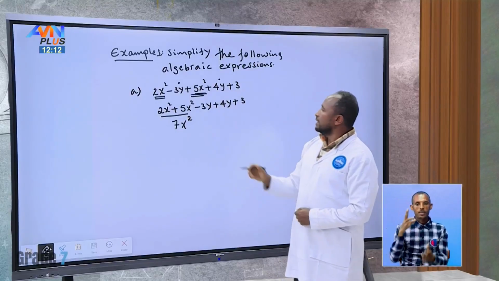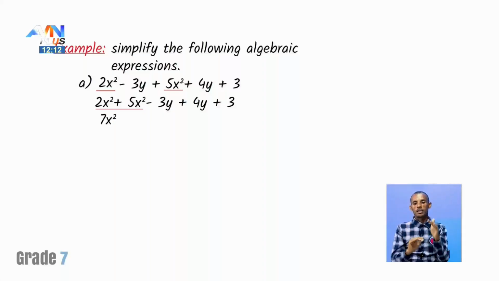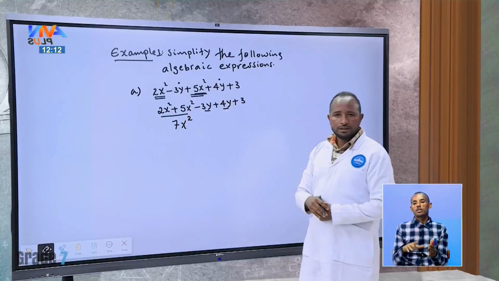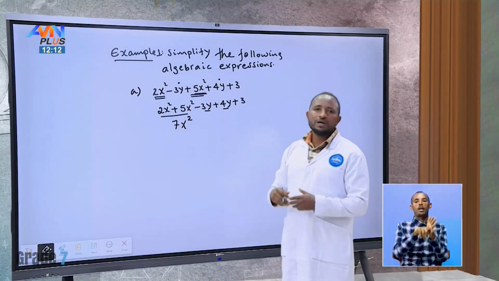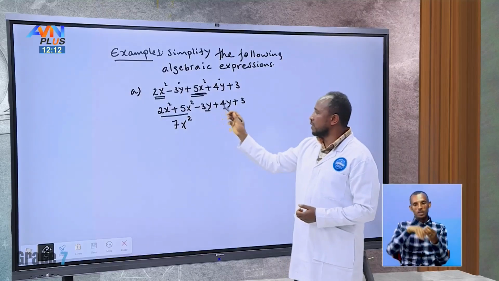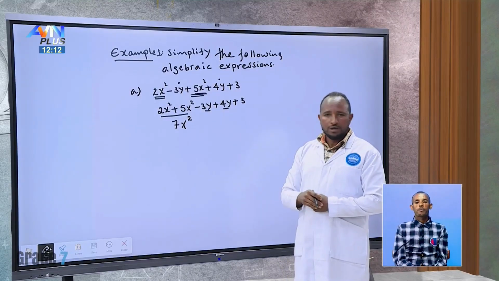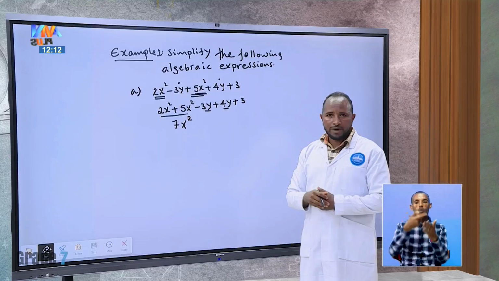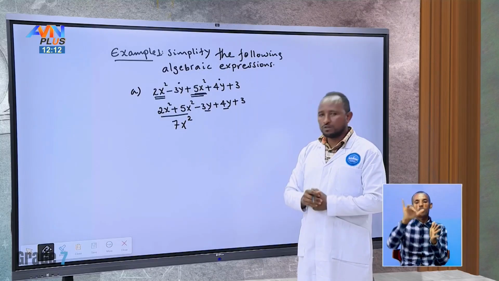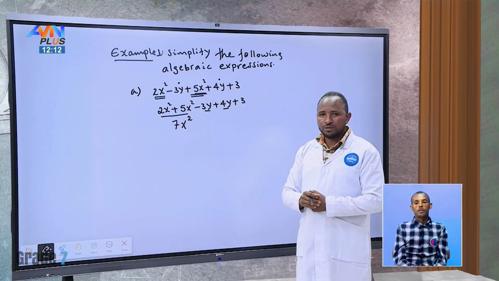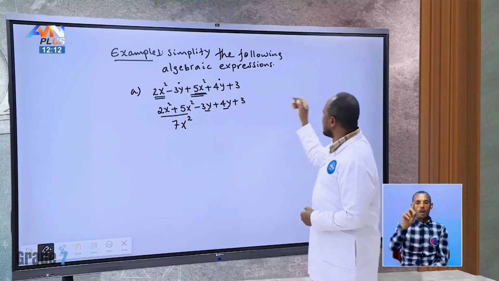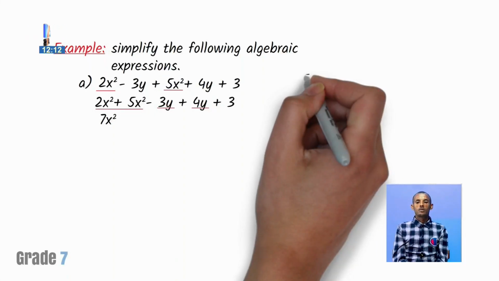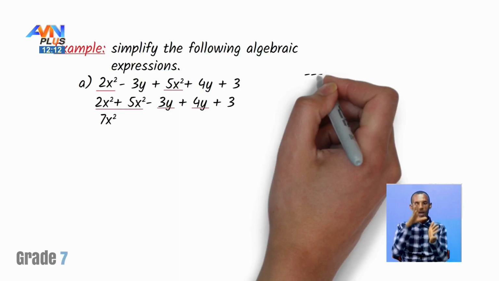Now again, let's see these two. These two are also like terms, but don't forget the minus sign: minus 3y, or negative 3y, and positive 4y. So what will be their sum? The answer is positive 1. You have 3 negatives and 4 positives.